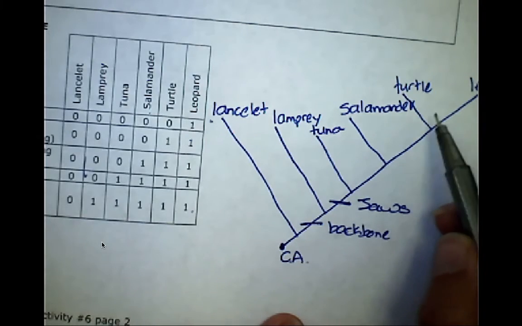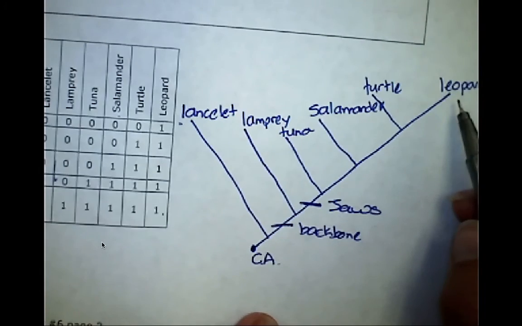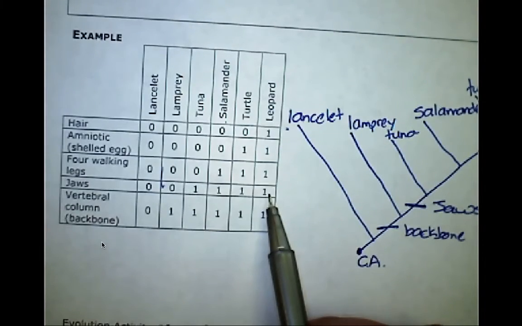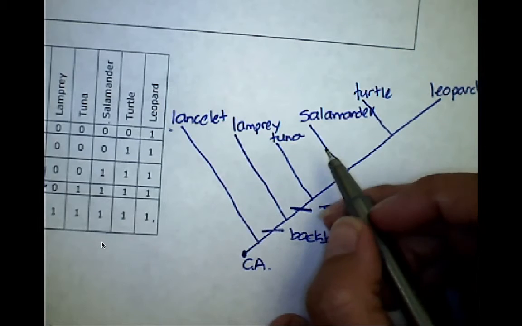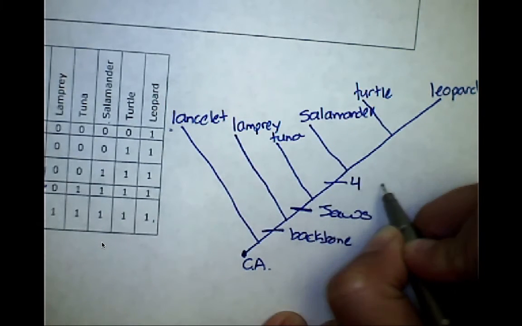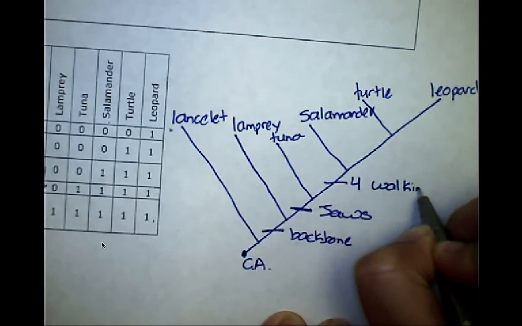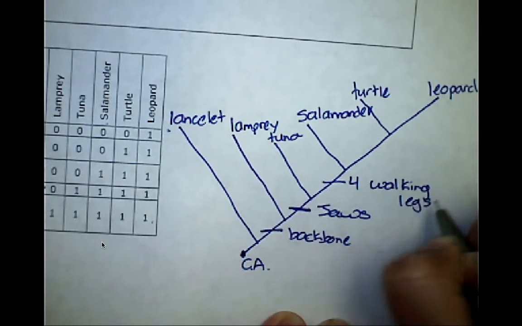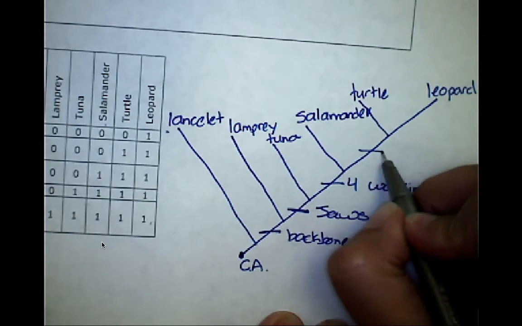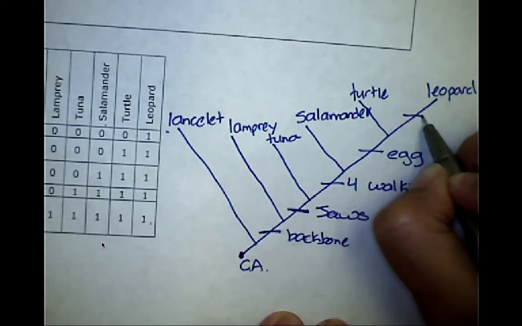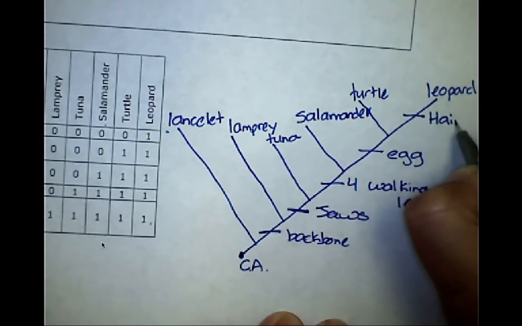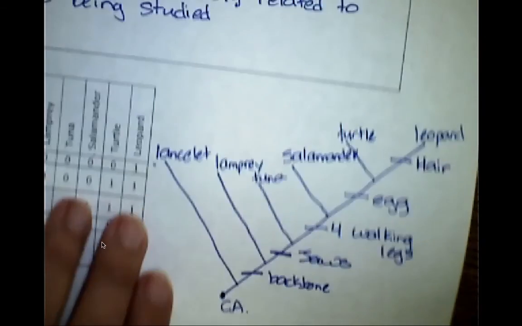So a tuna, salamander, turtle, leopard all have jaws because you can see that on our chart here. Okay. So then right here, everything above that has 4 walking legs. And then everything above this has an egg, and then everything above this has hair. Okay?